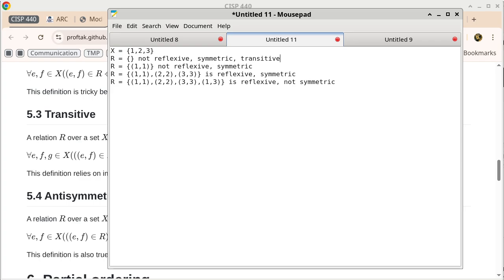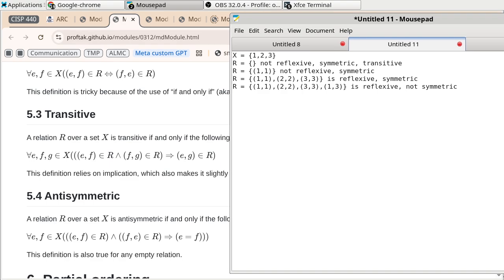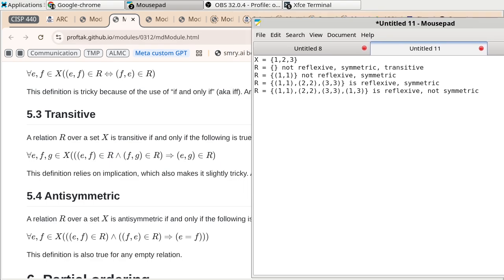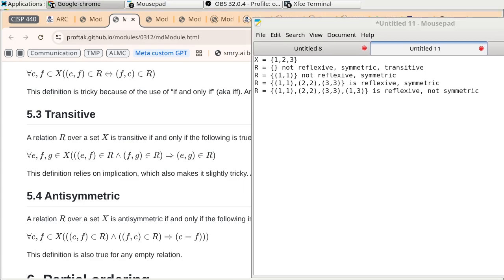The reason why when R is empty, it is transitive is because when R is empty, then EF in R is guaranteed to be false, FG in R is also guaranteed to be false. False and false is guaranteed to be false.